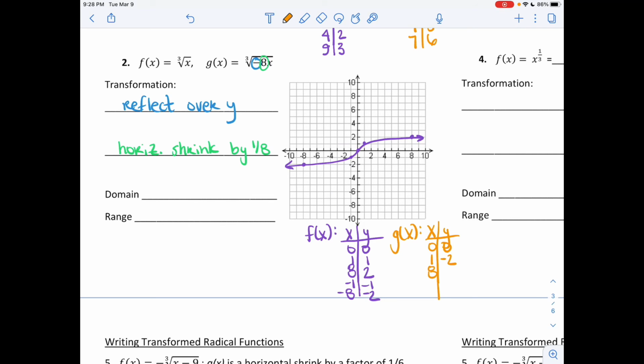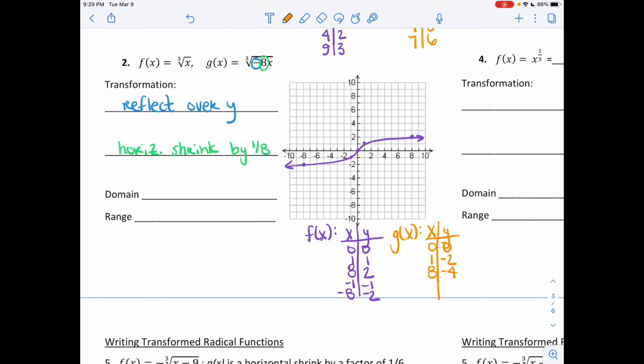And the reason for that is I know that if I have 8 times 8, that's 64, with a negative, negative 64, and I know that the cubed root of negative 64 is going to give me a negative 4.